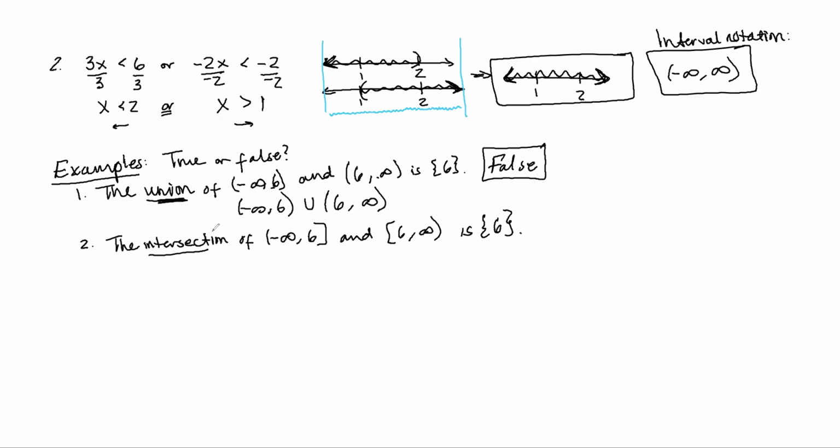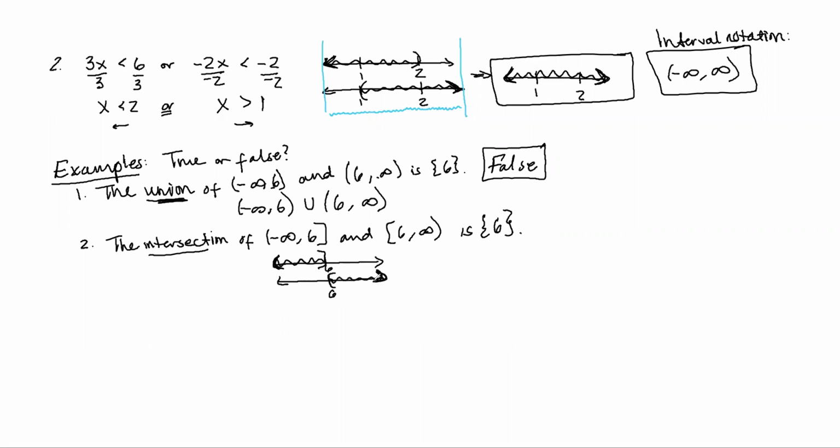The intersection of these two intervals. Now, if we were to look at the graph, and put 6 in the middle, we have everything from negative infinity to 6, so that's a bracket, everything to the left, everything from 6 with a bracket to infinity.